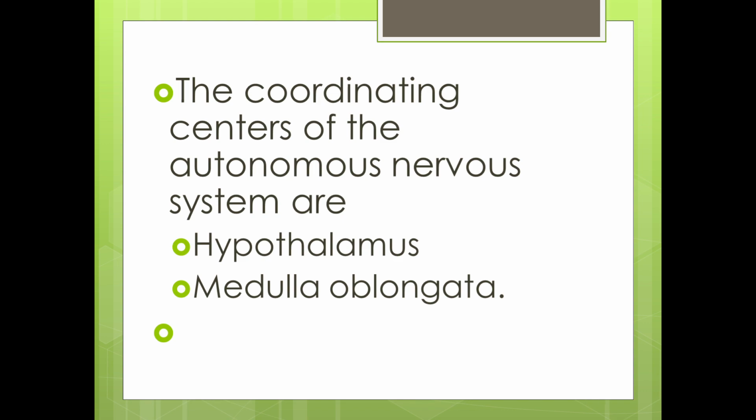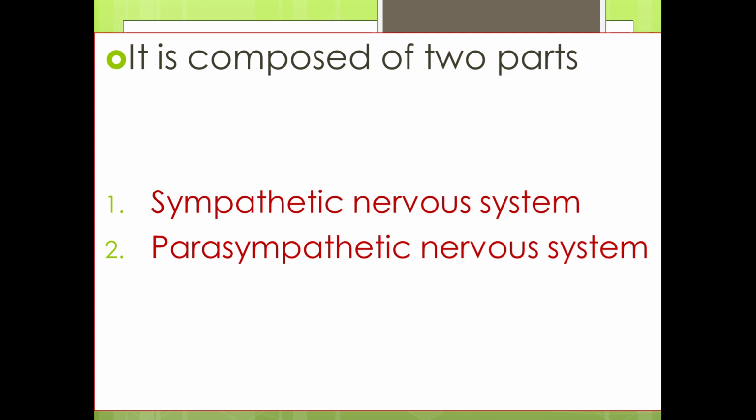The hypothalamus controls most of the autonomic activities, and the medulla oblongata also controls autonomic activities. The coordination centers of the autonomic nervous system are the hypothalamus and medulla oblongata.